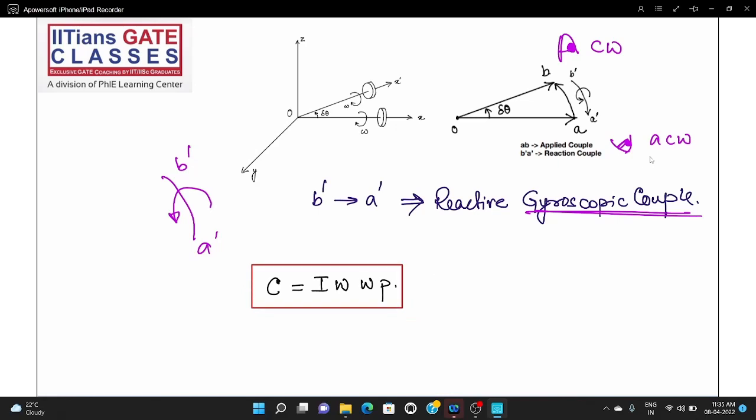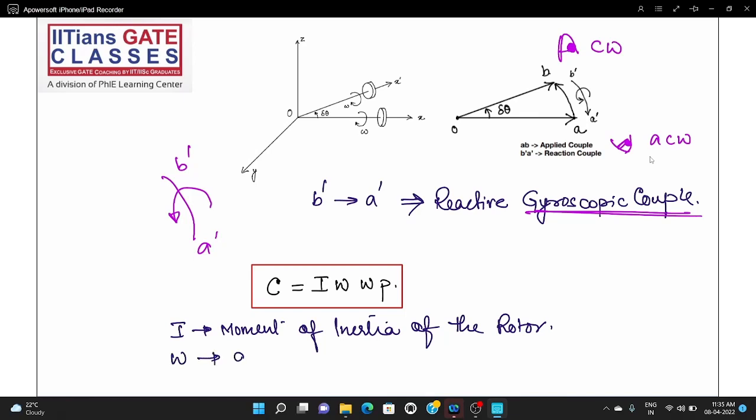So what is I? I is the moment of inertia of the rotor. What is omega? Omega is the angular velocity of the rotor.